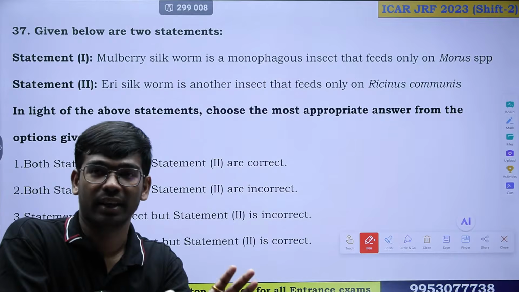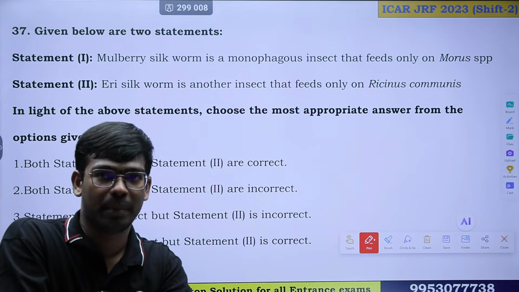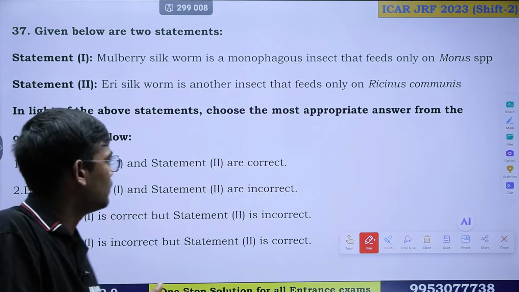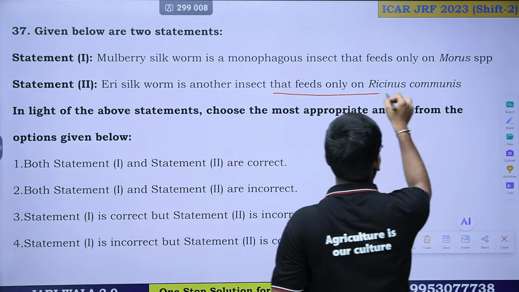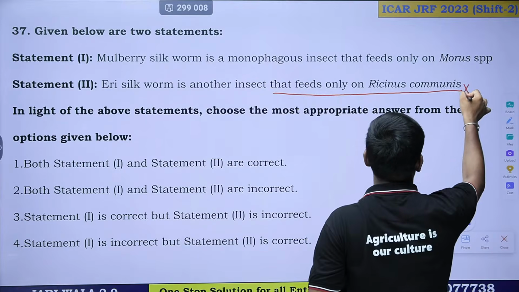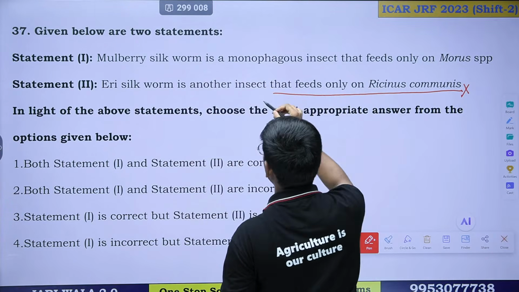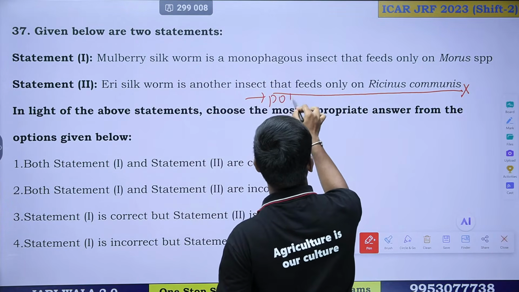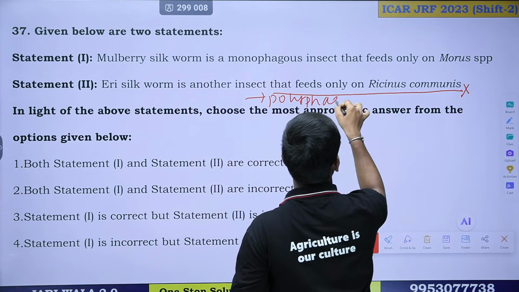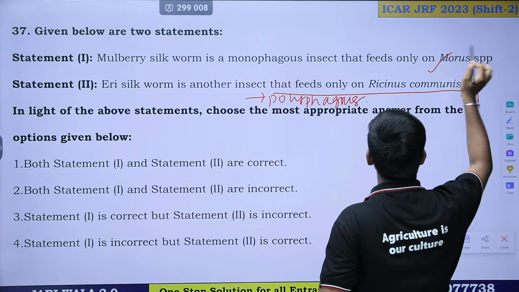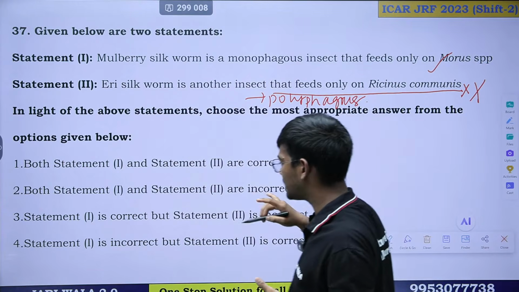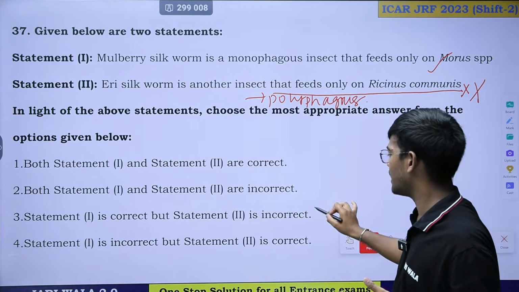It can be raised on many plants. Okay. So here, saying it feeds only on Ricinus communis is wrong. Actually, it's polyphagous. So statement 2 becomes wrong and statement 1 becomes correct. So statement 1 is correct and statement 2 is incorrect in case of this question.